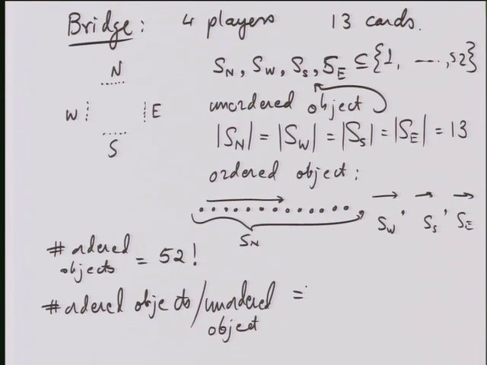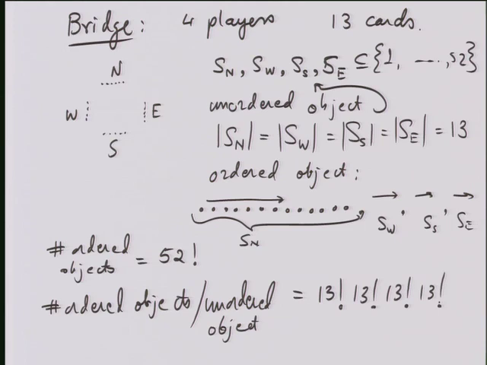It multiplies because for every way that I place my cards in order, which means 13 factorial of them, for each of those, you have all your choices, by the first rule of counting. So we are using the first rule of counting here again. So it's 13 factorial times 13 factorial times 13 factorial times 13 factorial.